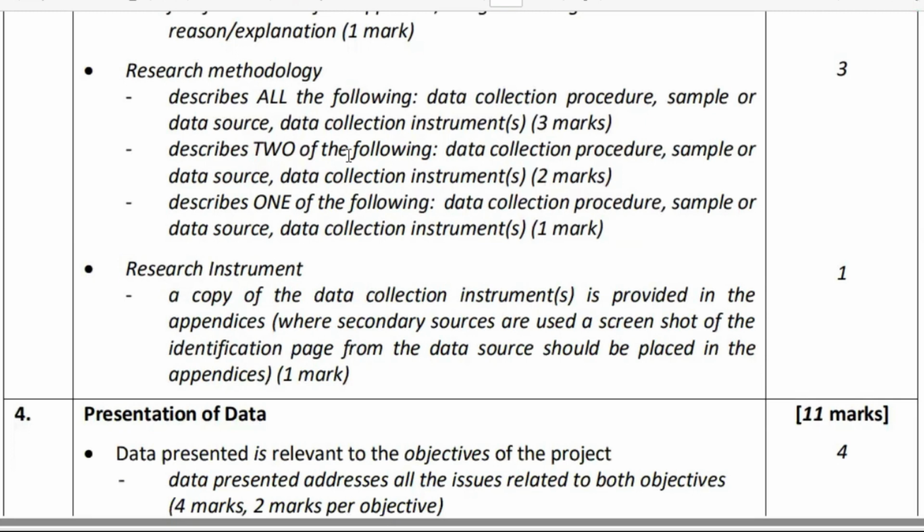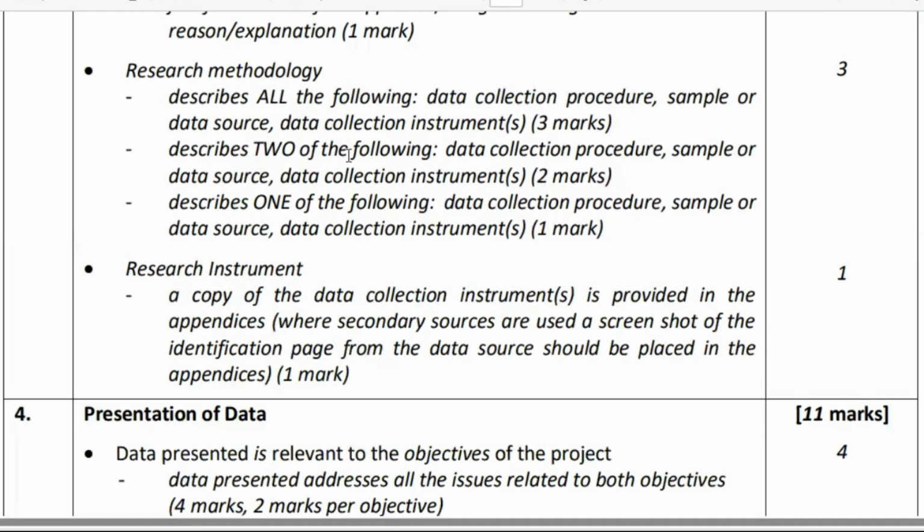And in describing them too, if you're going to cite a source, always again, cite it properly. Your research instrument, you are to put a copy of your instrument, right, in the appendix.